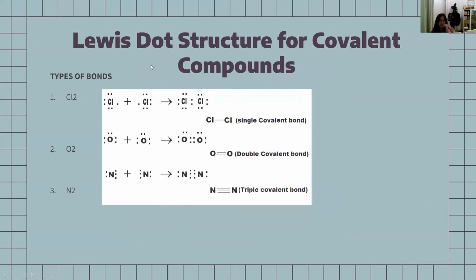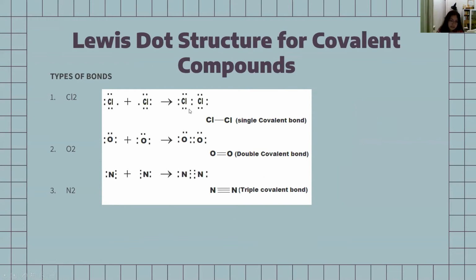Now let's go for the covalent compounds. So in Lewis dot structure for covalent compounds, these are the types. For example, Cl2 here. There are 3 kinds of covalent bond here. There are the single, double, and triple.